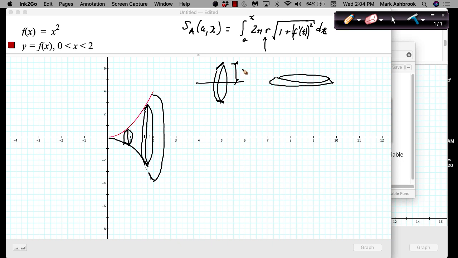Is it an x coordinate, y coordinate, big change in x, big change in y? It's the y coordinate. It's the distance from the x-axis up to our curve. So this radius is the y coordinate, but my independent variable is x, so I have to write it in terms of x. So r is equal to f of x, or x squared, and then it becomes t squared for the integral.